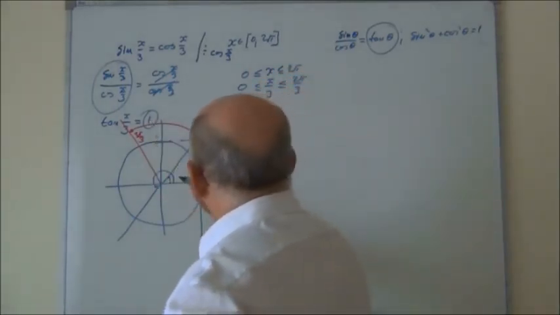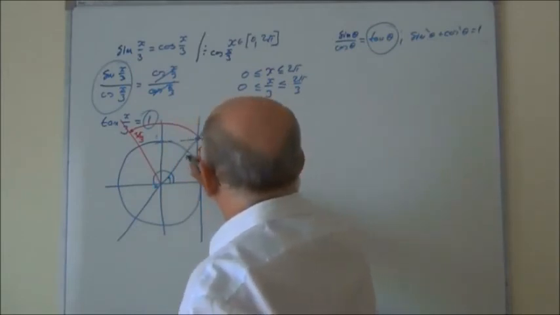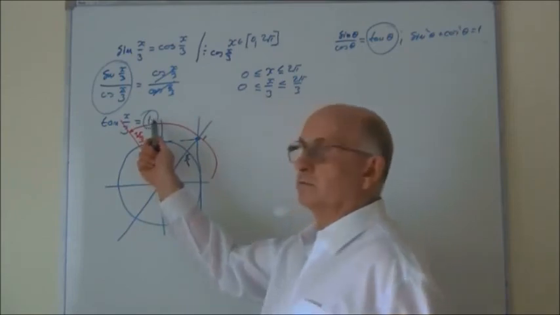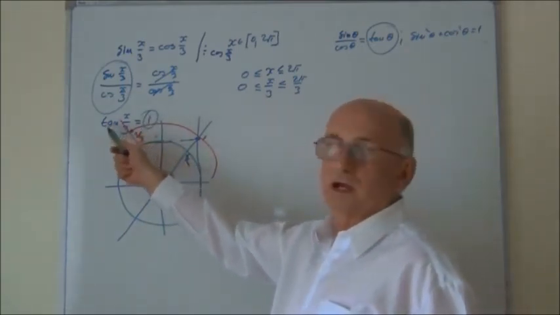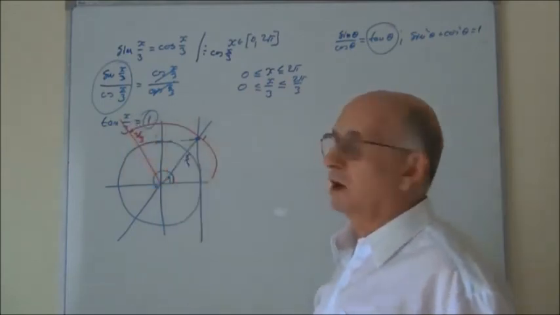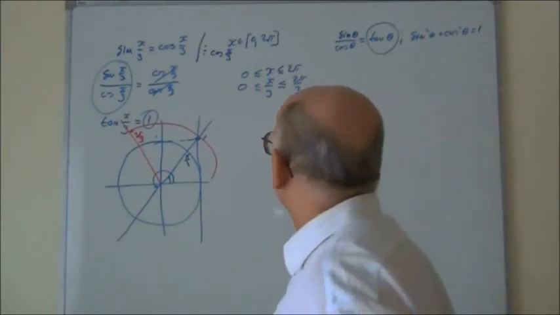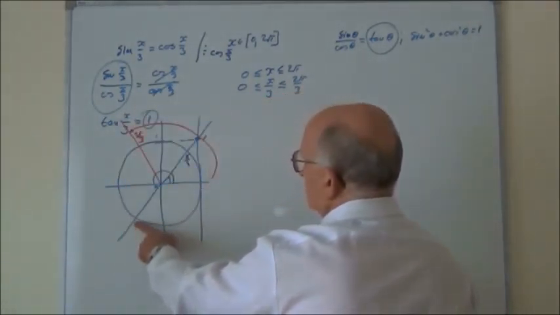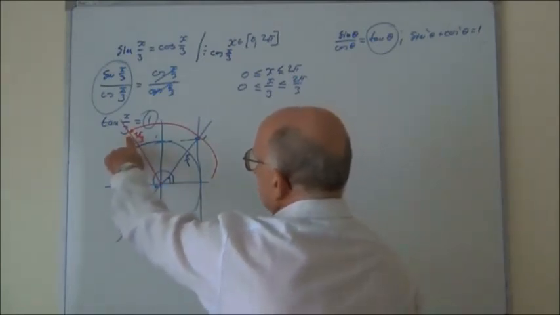This angle here is pi on 4. We can get it from a table of exact values, because we have tangent of some angle equal 1, then the angle is pi on 4, and there is no other solution, because we can't reach that solution, because our domain is up to 2 pi on 3.